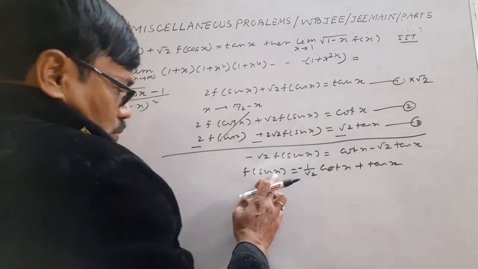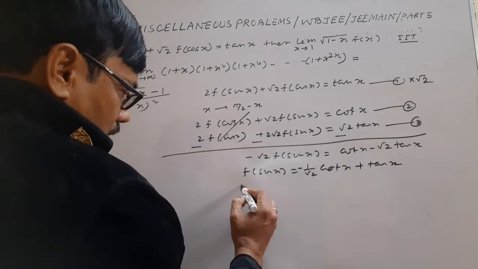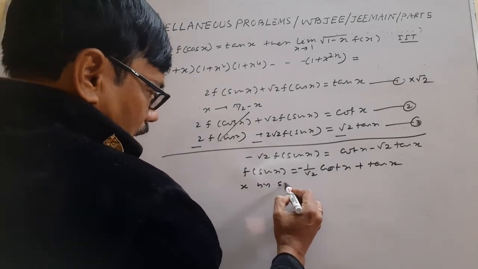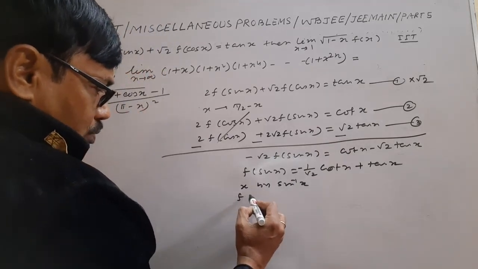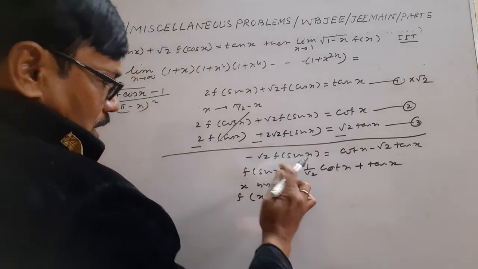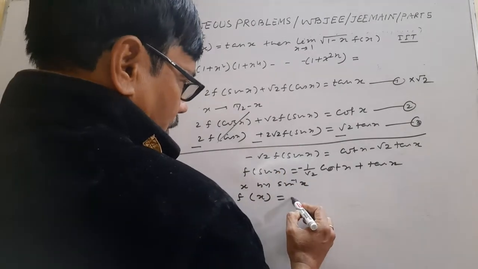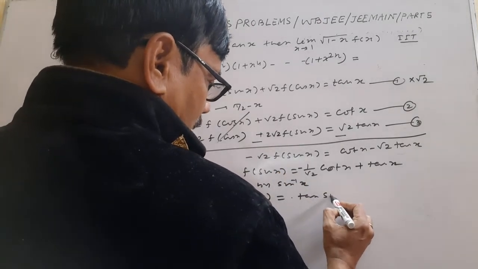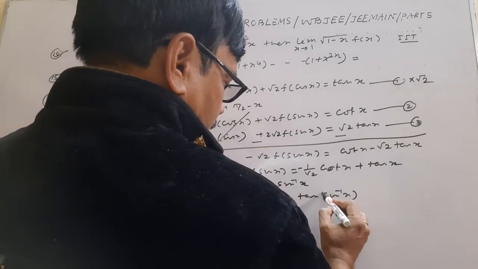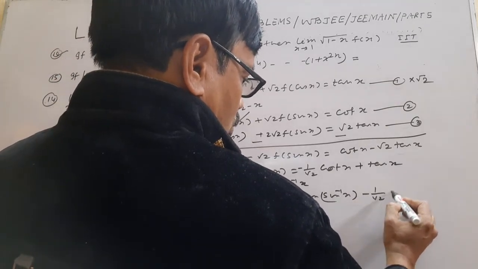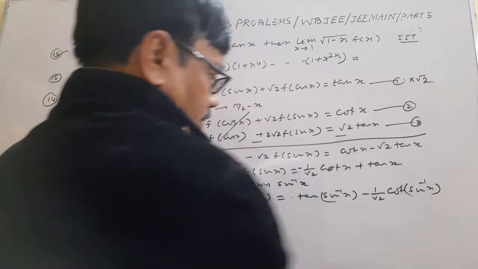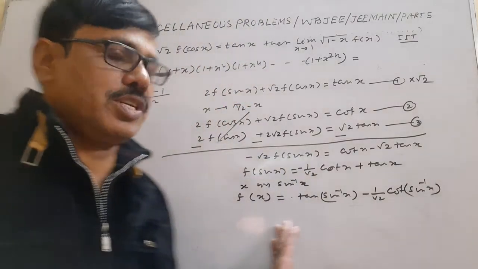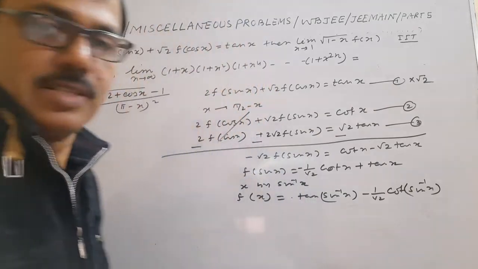This sin x will be x if we replace x by sin⁻¹ x, since sin of sin⁻¹ x is x. So we get f(x) = tan(sin⁻¹ x) − (1/√2) cot(sin⁻¹ x). So this is the form of f(x).